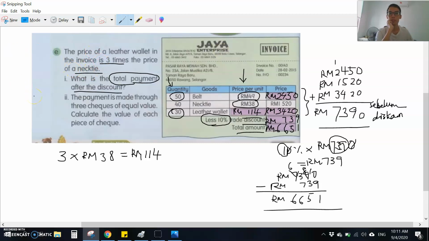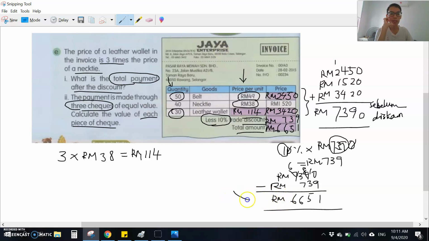And then for question 2. The payment is made through 3 checks of equal value. Calculate the value of each piece of check. So dia buat bayaran melalui cek, 3 keping cek. So satu keping kena tulis berapa amount.